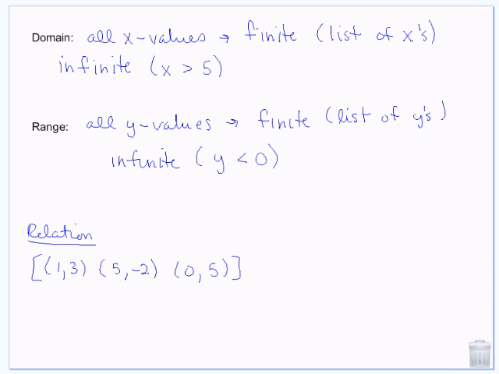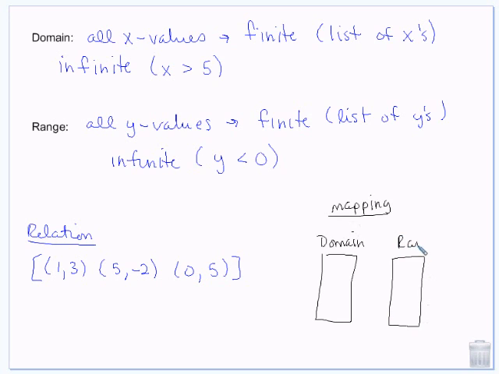And we'll come back to our mapping. Now, in our example, I listed the rectangles as x and y. When you do a real formal mapping, it's the domain and the range. So our x's are our domain, and our y's are our range.